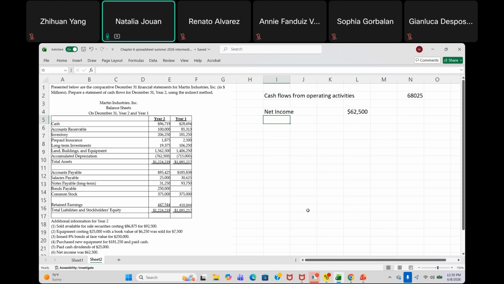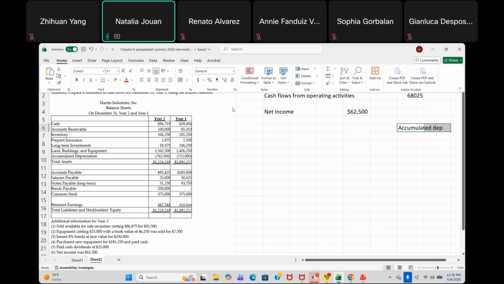We have a change in accumulated depreciation, and we're going to do a T account here. I'm not going to ask you to do this, so don't worry about it. It's just that we're not given the depreciation amount.